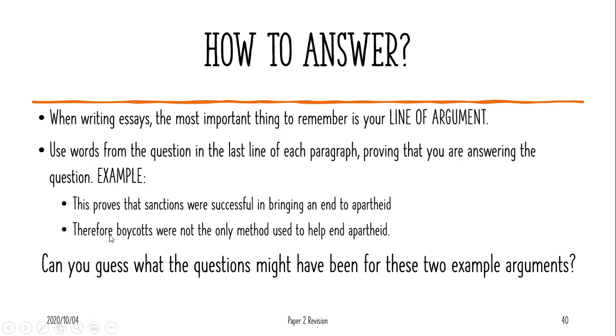Then you also get, therefore boycotts were not the only method used to help end apartheid. The question would probably be, were boycotts the only method to end apartheid? So those keywords always refer back to the question, showing that we are answering the actual question.